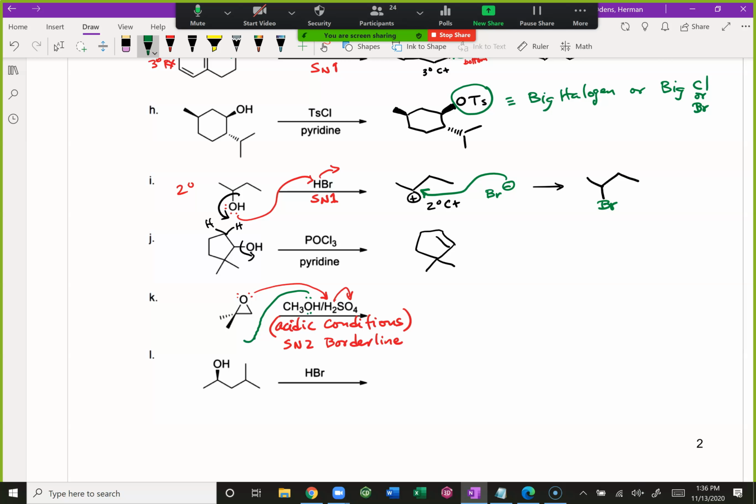The most substituted one, yes, right there. And so it's going to open up this epoxide, and then we'll make this. So get used to doing this. Do your anti-periplanar. That way you don't mess up.